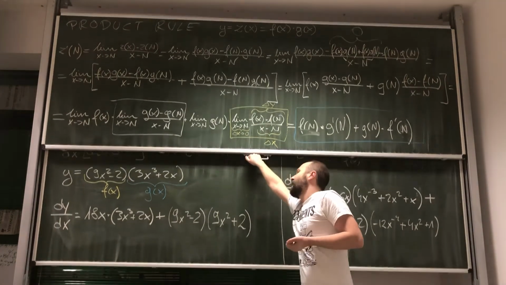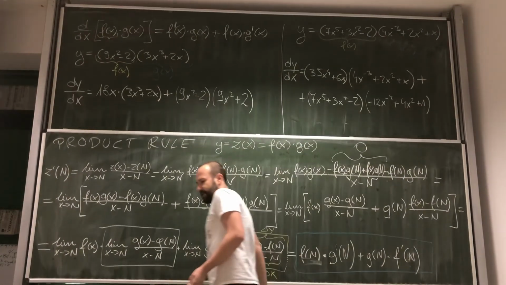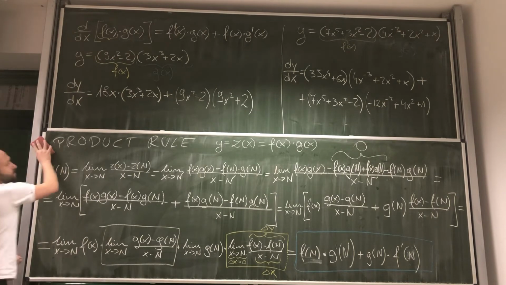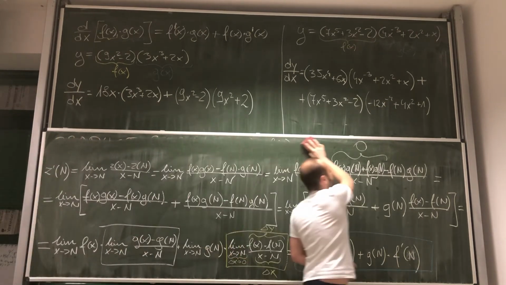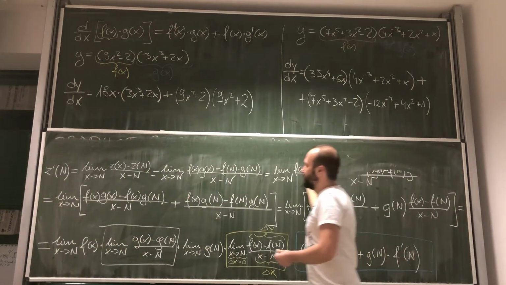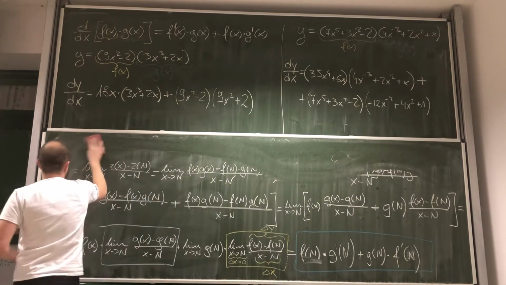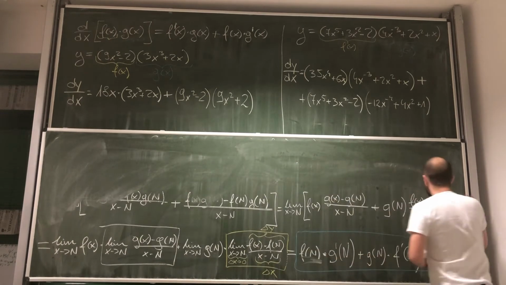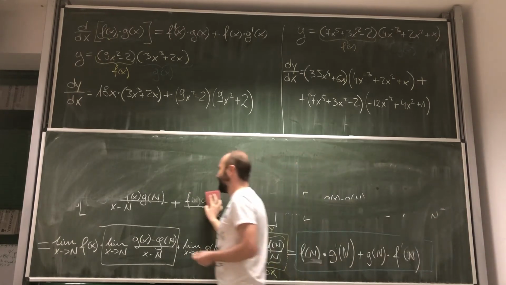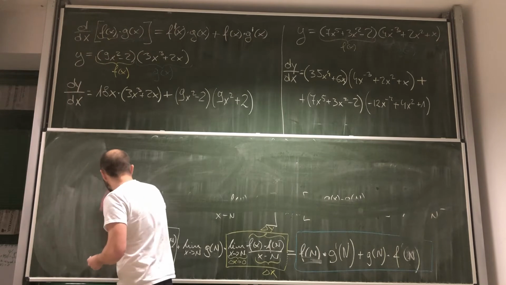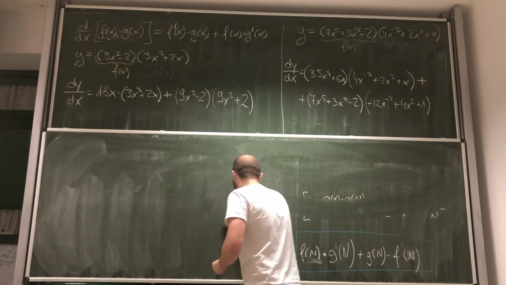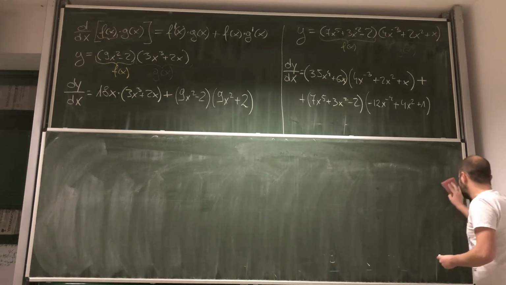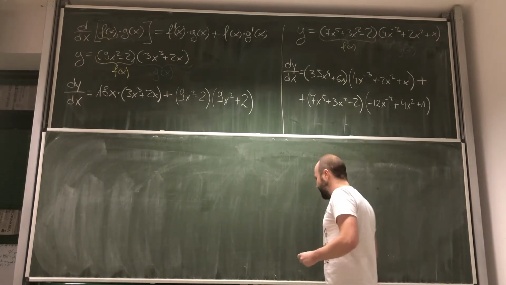Now, this rule is extremely useful. But what about the case where there is a product of more than two functions? As it turns out, the rule is very easily extended to those cases, and let me demonstrate that.